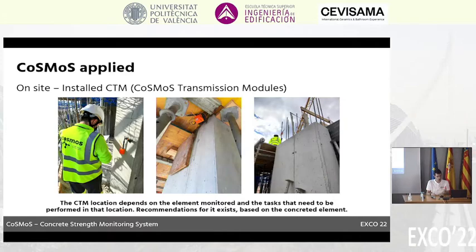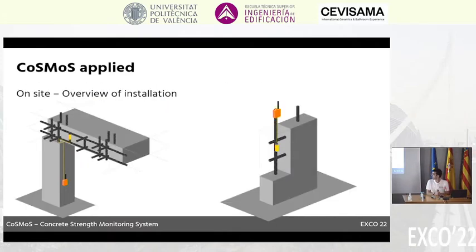So knowing how to install everything, here's a diagram with an overview of how the whole system looks. We can see inside the elements, in the rebars, the sensor installed, cabled out of concrete, and then we install the transmission device at the end in the structure. You reuse the transmission device every time because you can take it out and connect it to a new measurement once your measurement is finished.